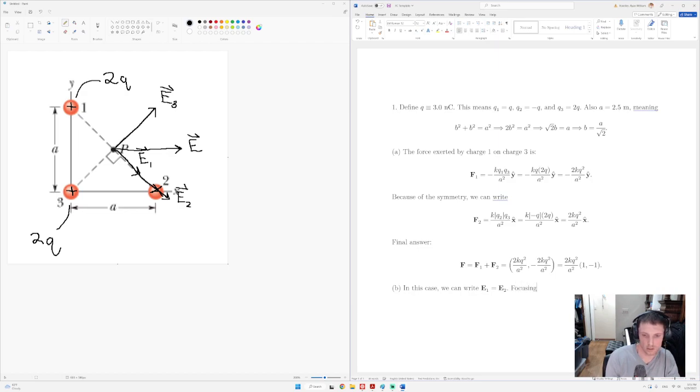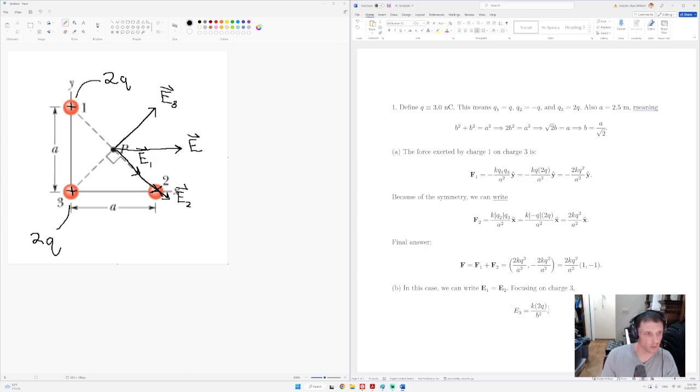So focusing on charge 3, we'll just write the magnitude here. E3 is going to be k 2q, and this is where we're using b now, over b squared. That's just the magnitude of it.